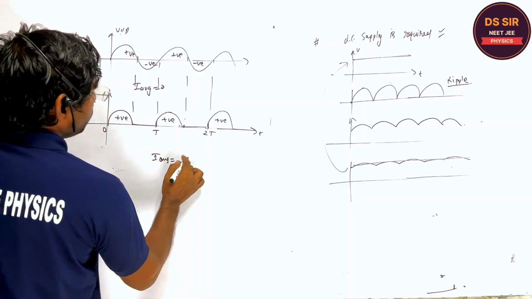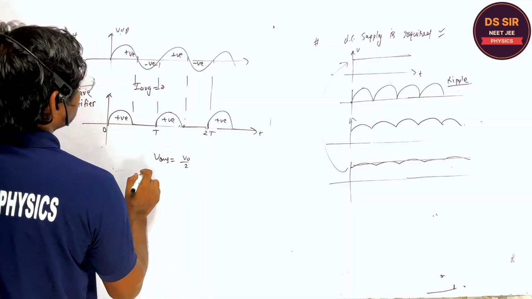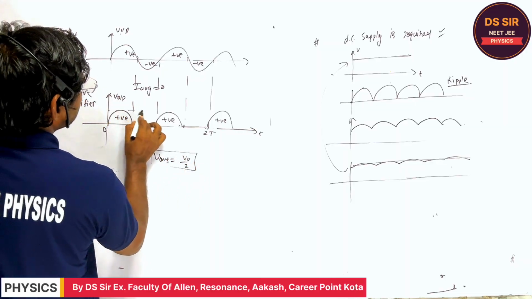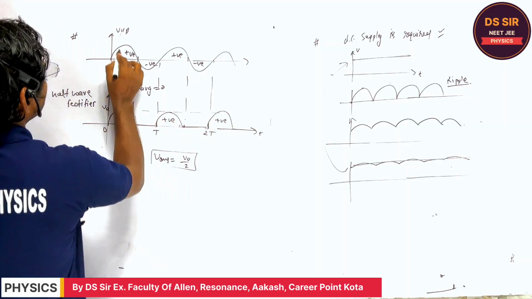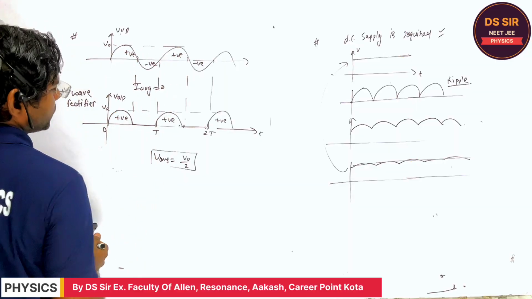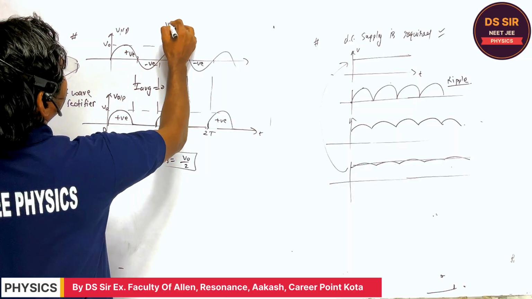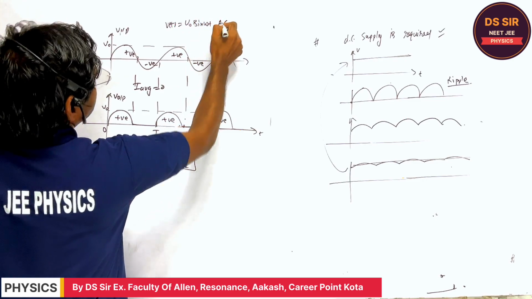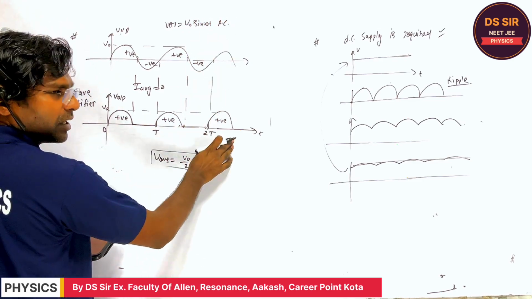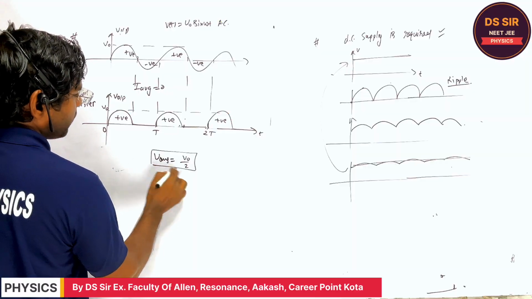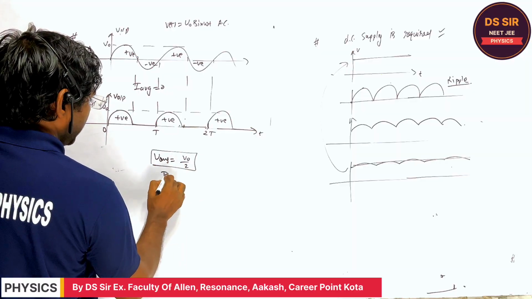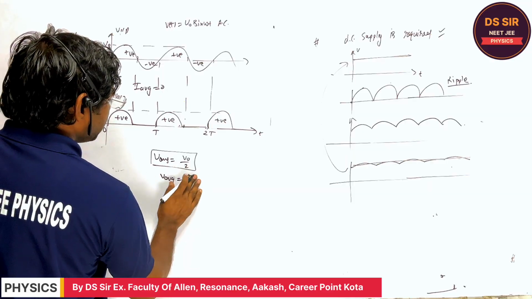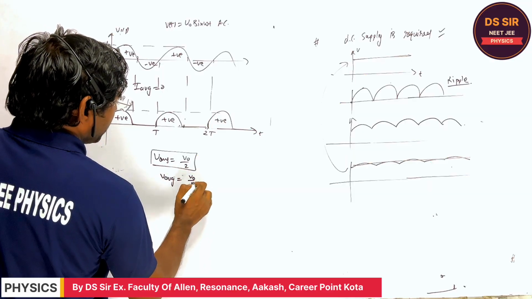If this is the peak value V naught, the input voltage supply is V naught sin omega t. This is the alternating voltage, and this is the DC voltage. For the half wave rectifier, the VRMS is V naught by 2, and the V average is V naught by pi.